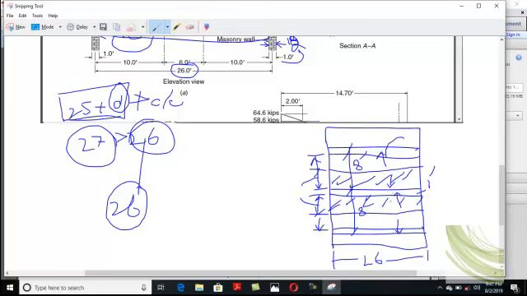So how much will this width be? Center to center distance is equal to 8 feet. So just subtract 0.5 from that side and 0.5 from that side. You need to neglect this beam width here, because this beam width will be taken in the beam width calculation. If you see this is the beam cross section, clear?